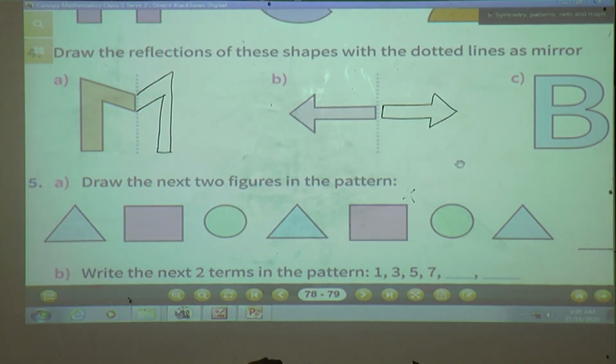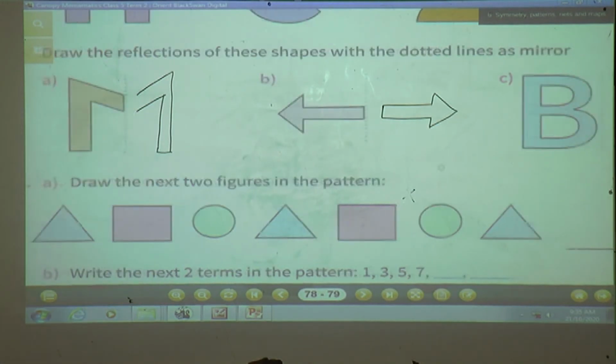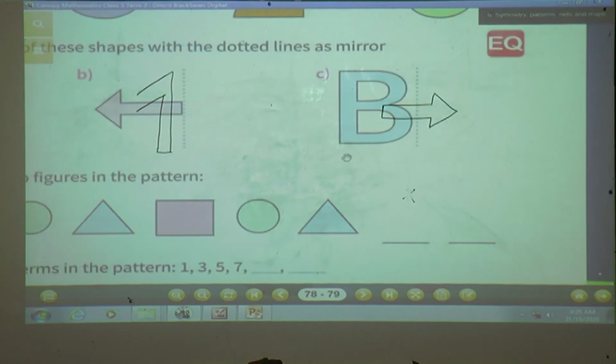Now C1. Here, students, tell me how to see. Sorry, I have drawn here, so you can draw B. How to draw B?